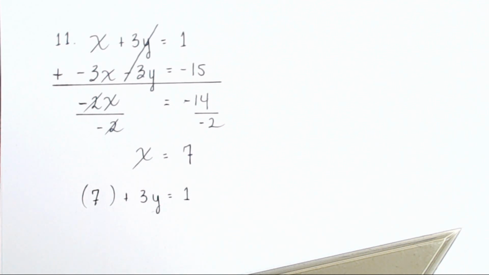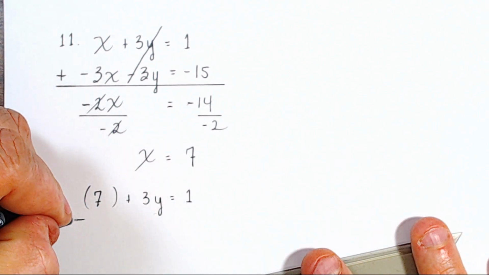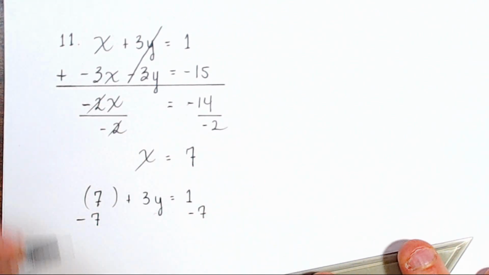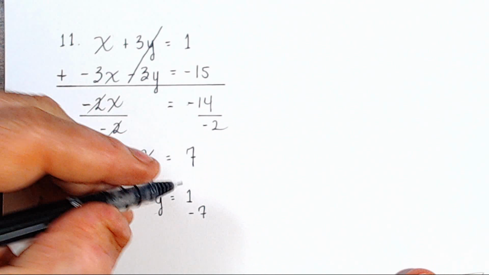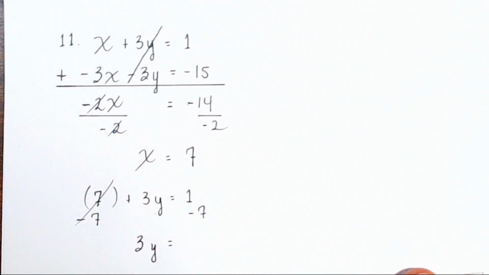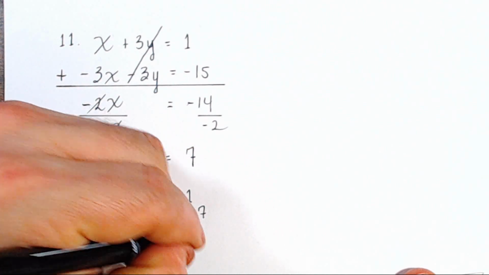What do I do? 7 minus 7, and then you would do 1 minus 7. So these cancel, leaving 3y equals 1 minus 7, negative 6.